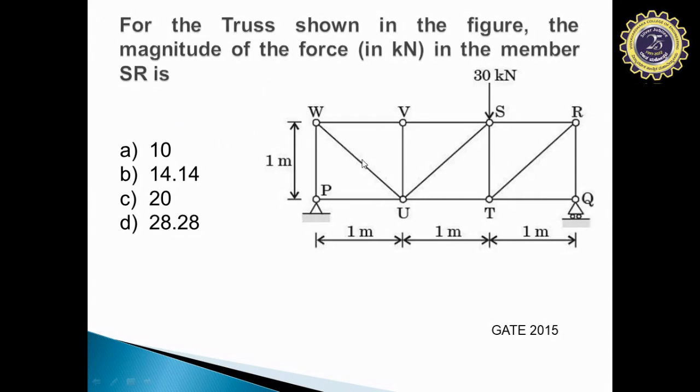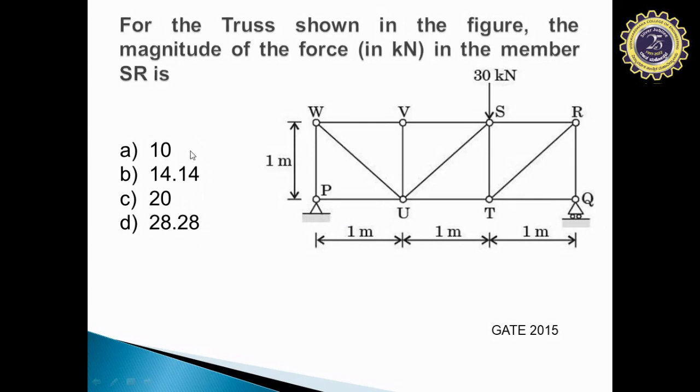This is a simple truss and they are asking you to find out the member force in the member SR. You can see there is one load acting at the joint S, that is a 30 kilonewton force, and there are many members, and the supports are a hinged support at P and a roller support at Q. They have given options of 10, 14.14, 20 and 28.28.